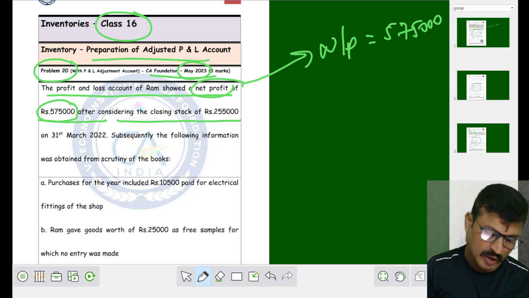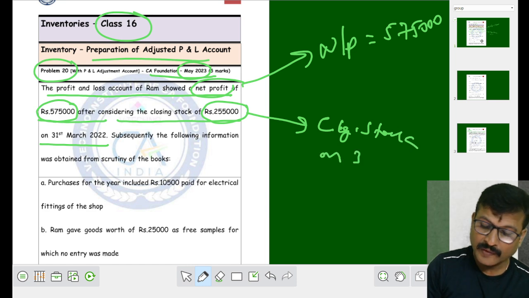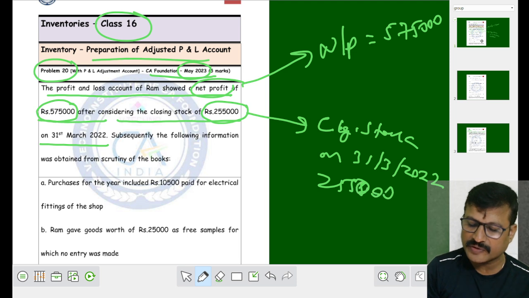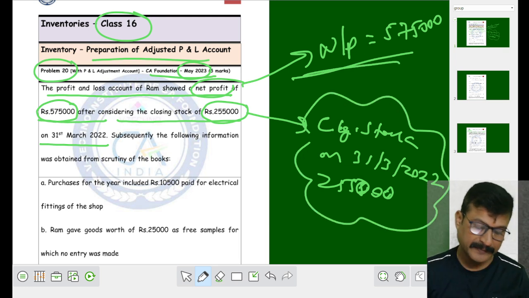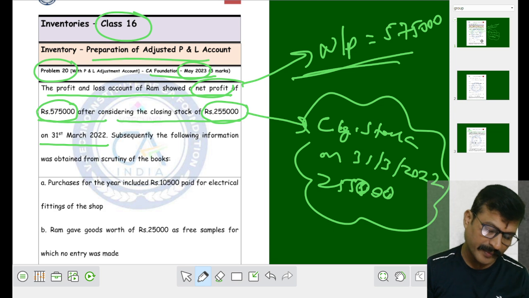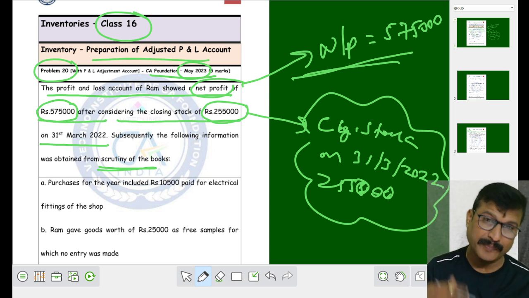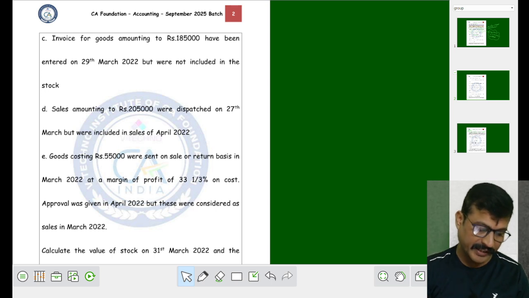Considering the value of the closing stock on 31st March 2022 amounted to rupees 2,55,000. These are the things which are given to you, my dear students. Subsequently, the following information was obtained to scrutinize the books. We have to go for scrutinization, means reconciliation. There are so many points, A, B, C, D, E, F, G given.